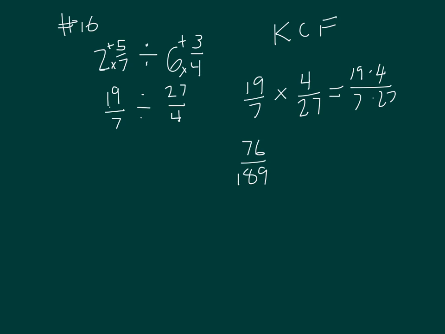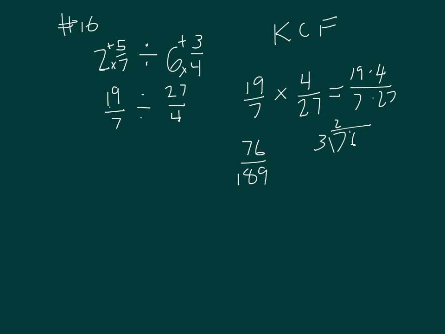The only thing I can think, it looks like there might be, does 3 go in? No, 3 doesn't. I'm thinking, let's see, the factors of 76, does 4 go into 76, but I don't think it goes into 189. Does 3 go into 76?